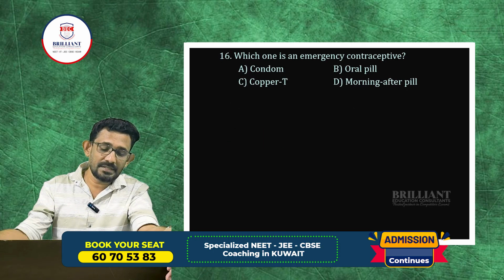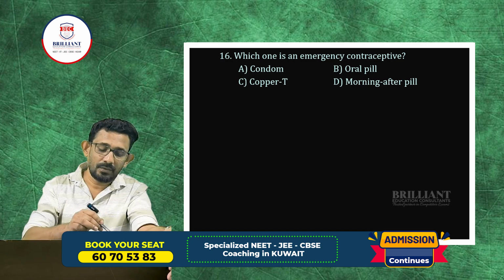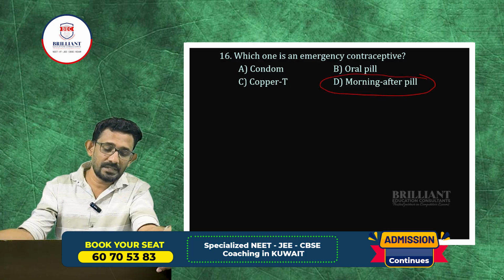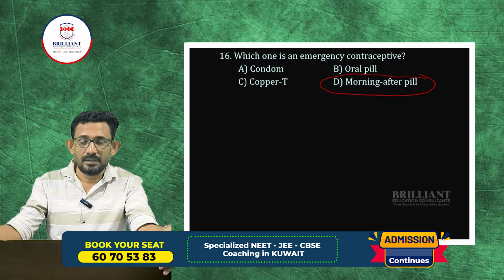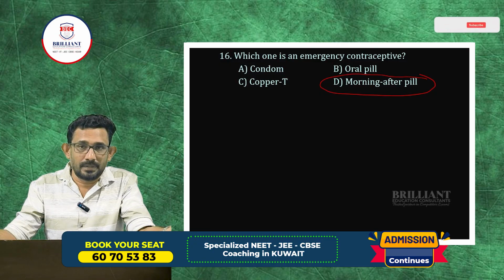Which one is an emergency contraceptive? Condom, copper T, oral pill, morning after pill. The morning after pill is the emergency contraceptive pill. So what is the difference between oral contraceptive pill and emergency contraceptive pill?